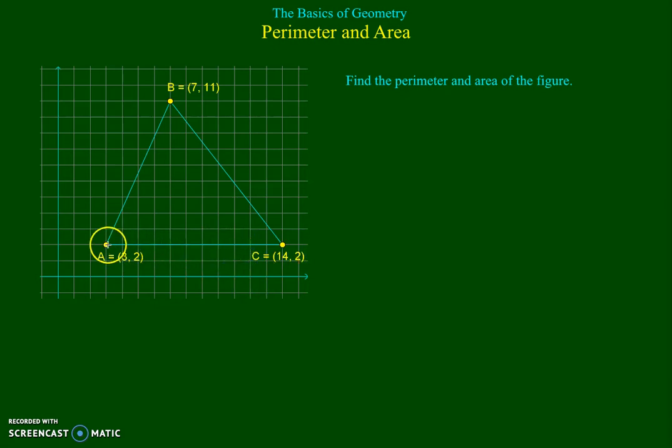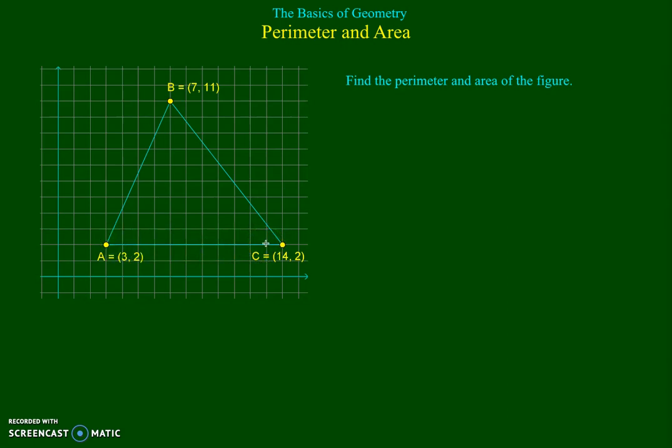Now for finding perimeter, we're going to have to find the length of AB, the length of BC, and then the length of AC. Just as a general plan here, I'm going to use distance formula for AB and BC, but for AC, I'm not going to need to do that. All I need to do is use the ruler postulate, which is a lot simpler than distance formula. It takes a lot less time.